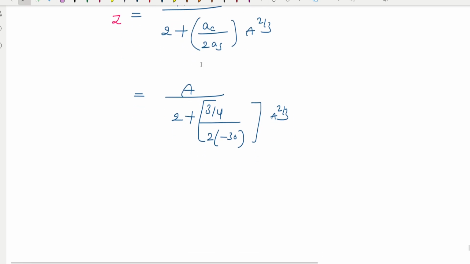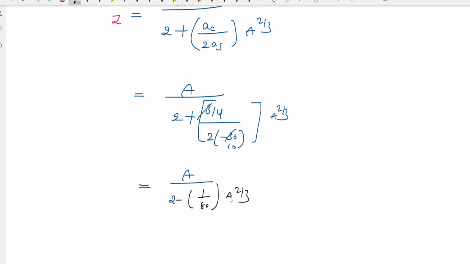In case if you look at this one, here 30, here 10, the 4 is there, here 8, total 80. That equals A divided by 2 plus 4 8, minus is there here, minus 1 divided by 80, A power 2 divided by 3.